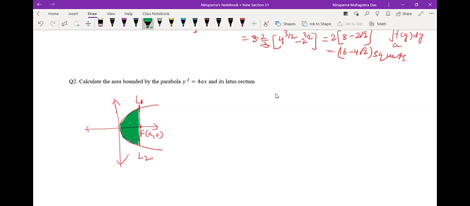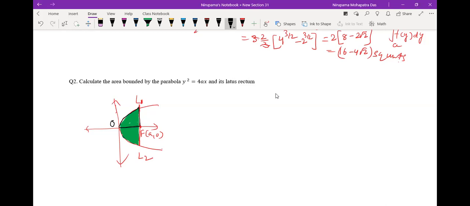So let me take the area of this portion, OFL1, then I can multiply this by 2 to get the whole area. Step 1 is done, drawing the rough sketch. Step 2 is shading the region of which we have to calculate the area.